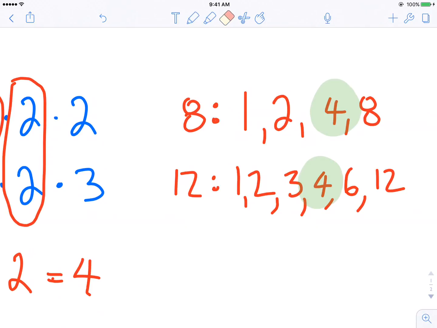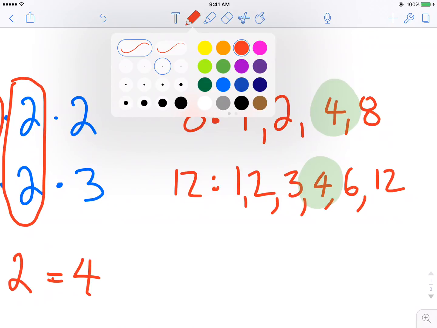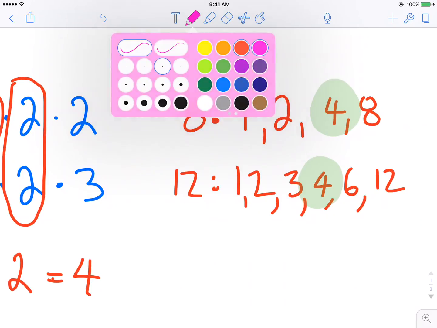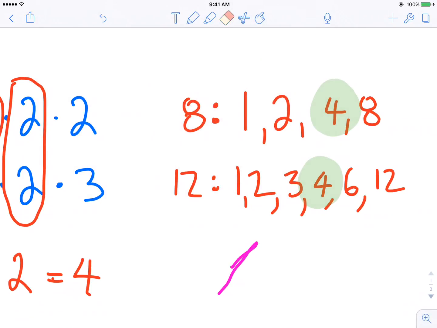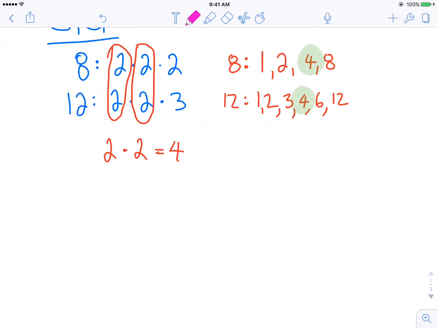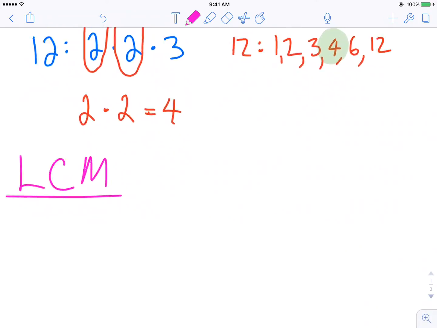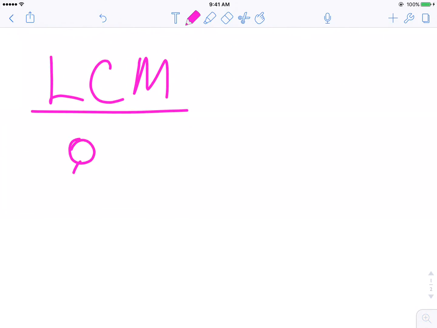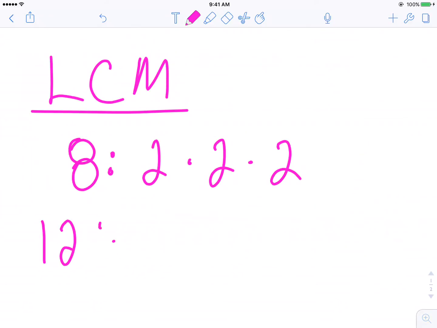Now lowest common multiple, similar steps, just a little bit different. If I'm going to be looking for lowest common multiple, I still start with my prime factorization, 8, which is 2 times 2 times 2, and 12, which is 2 times 2 times 3.